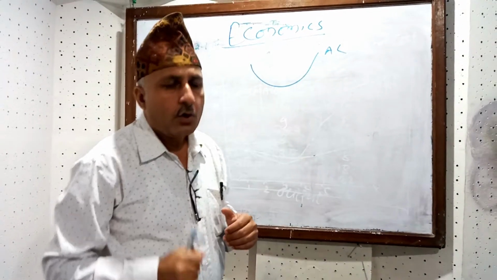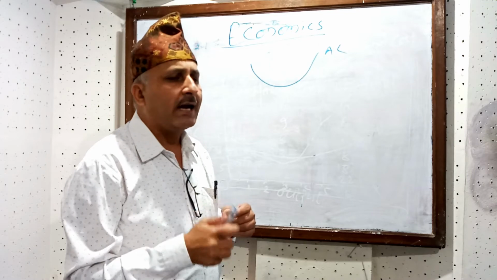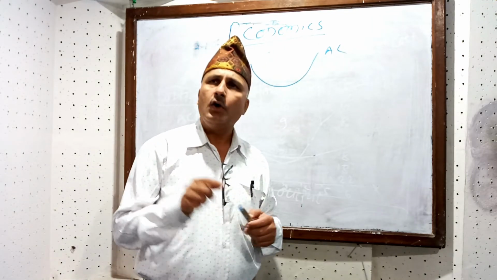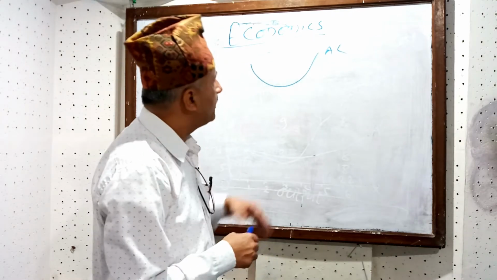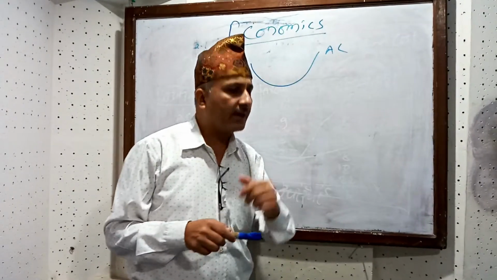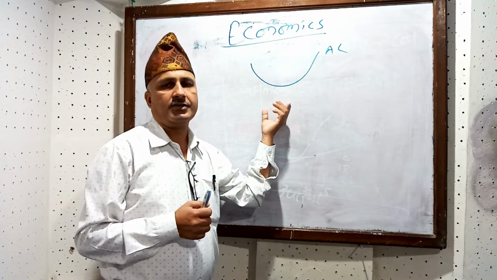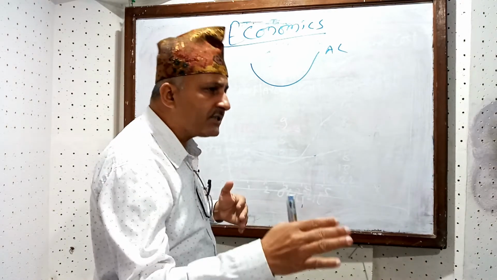After that, when the point of optimal combination of fixed factor and variable factor of production is reached, then there are constant returns. That means production becomes constant.